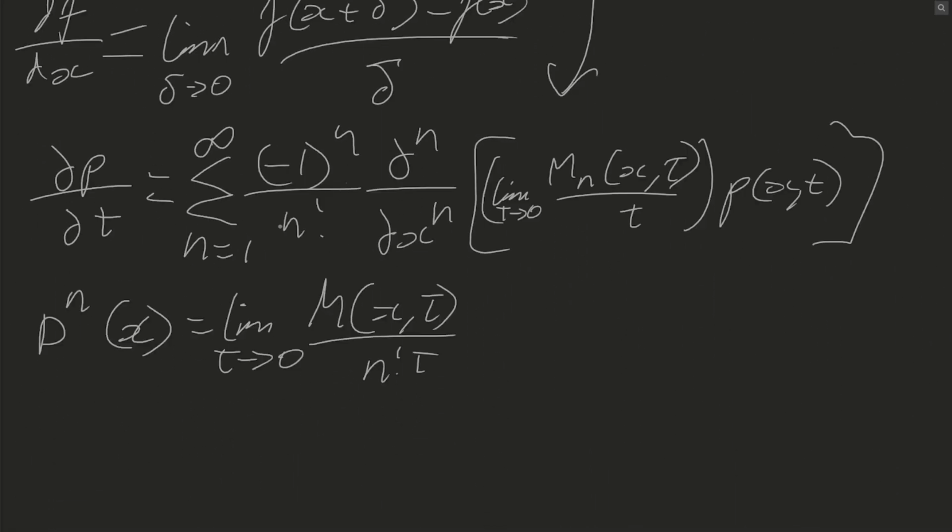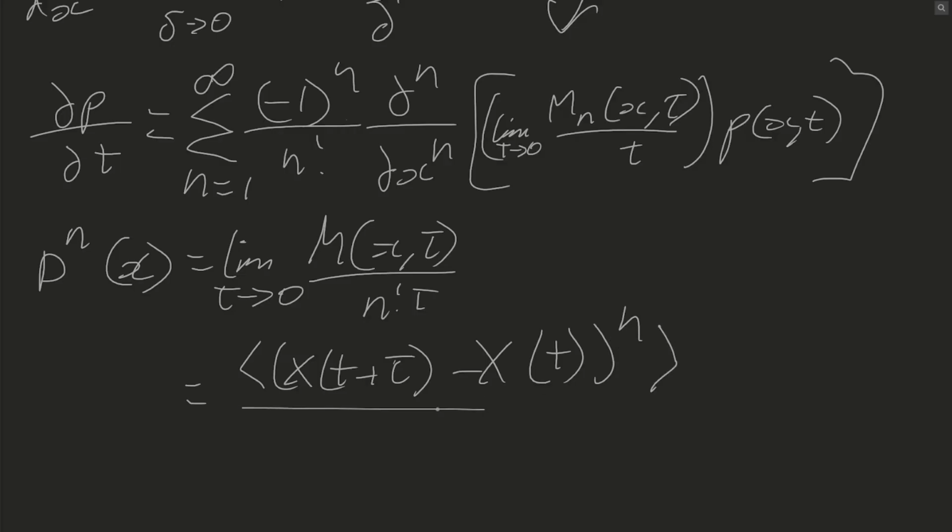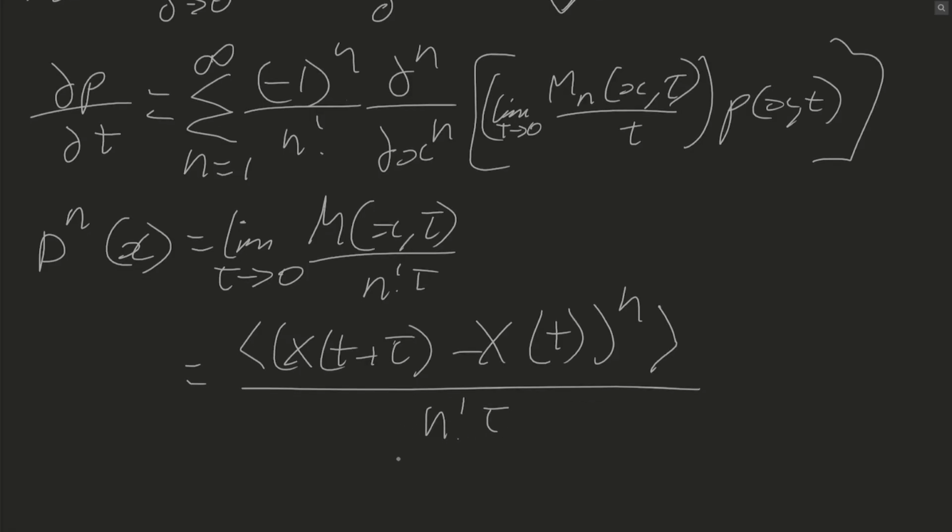I'm going to write that on the next line because I don't want to run out of space. It is the nth power of x of t plus tau minus x of t, all over n factorial tau.